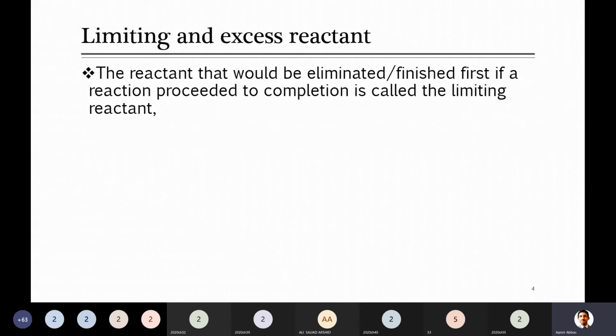Can you tell me which one is limiting in that case? Oxygen. There are 5 moles of C7H16 and oxygen is 50 moles. When there was 1 mole of heptane, 11 moles of oxygen were needed for complete reaction. But it is only 50, so that will be consumed earlier, that is the limiting reactant.